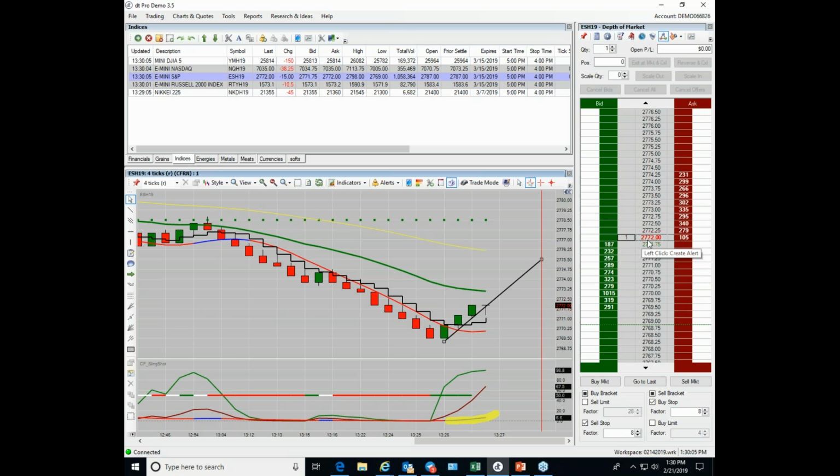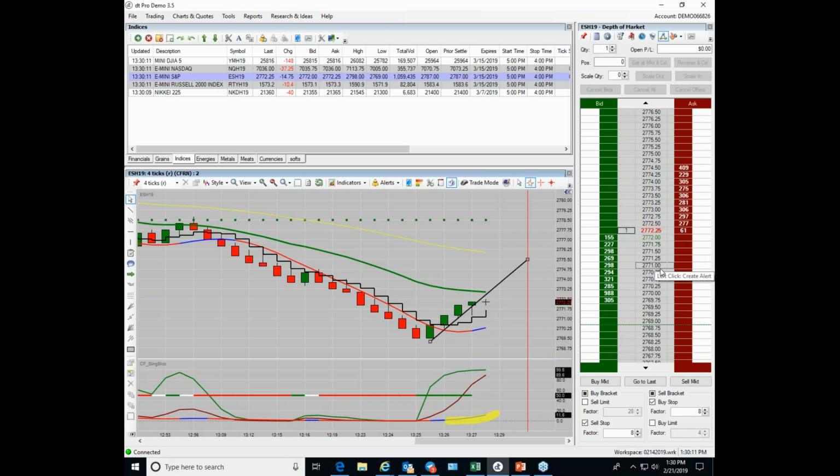This is what Michael is doing. If the high is 27.72, then the low must be 27.71 even. He is right-clicking at 27.70.75. Let me adjust the trend line here, and I'll review it.